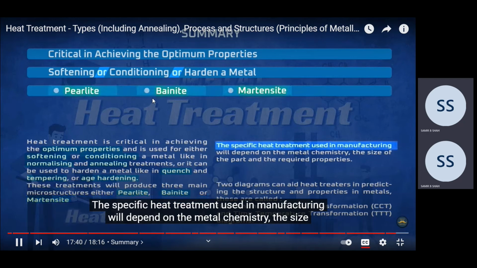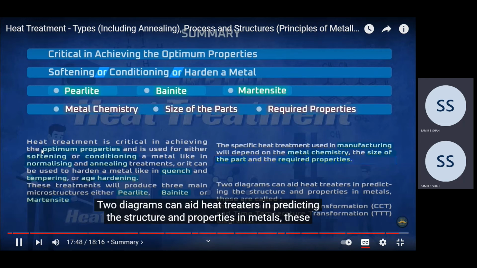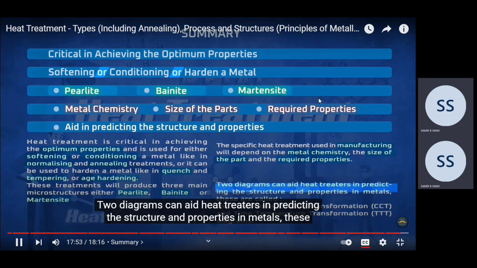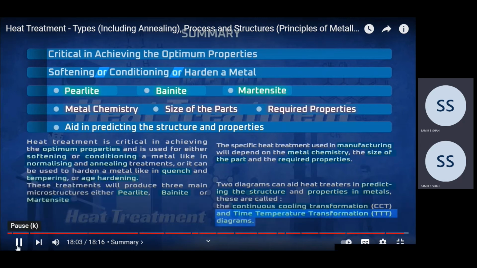The specific heat treatment used in manufacturing will depend on the metal chemistry, the size of the part, and the required properties. Two diagrams can aid heat treaters in predicting the structure and properties in metals. These are called the continuous cooling transformation and time temperature transformation diagrams.